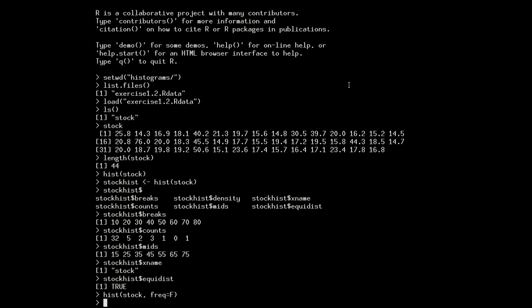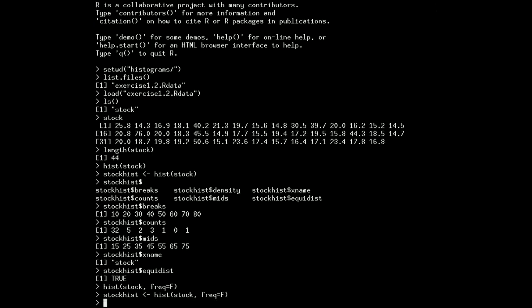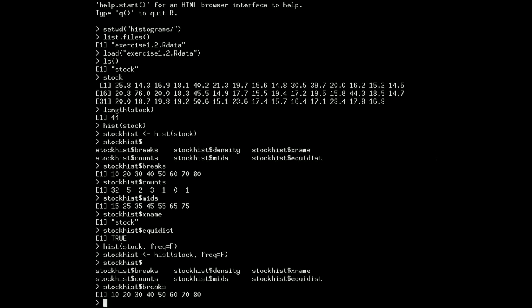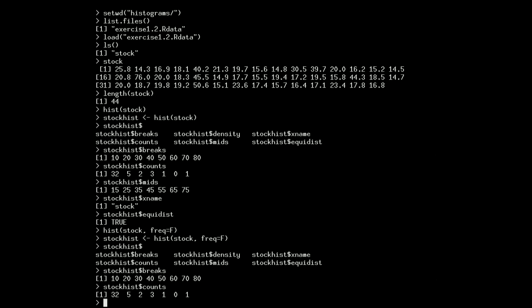So let's see what that might be. So let's save our new histogram as a variable, and then examine the elements in the data structure again. So now if we look at stock hist, we still have the same values in the data structure. And so if we do breaks, it did not change. Our counts did not change.